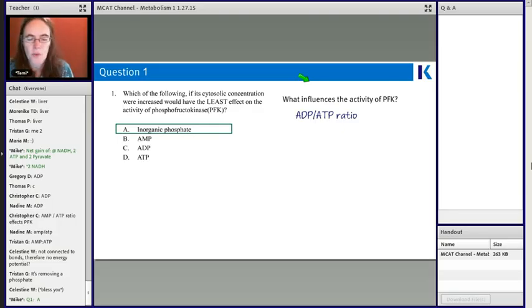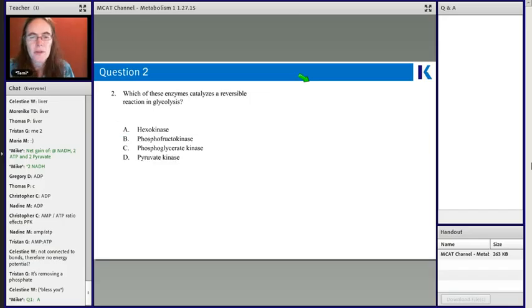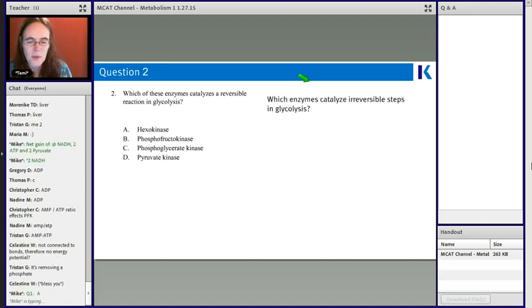All right, great. Here's a great question that they could potentially ask us. This is letting us know what is reversible and what is not reversible. Which of the following enzymes catalyzes a reversible reaction in glycolysis? Hexokinase, that was our very first one.